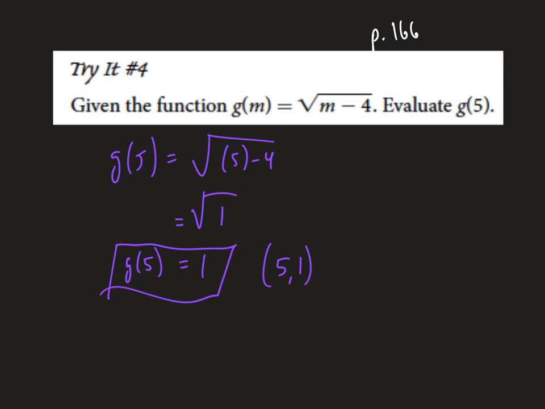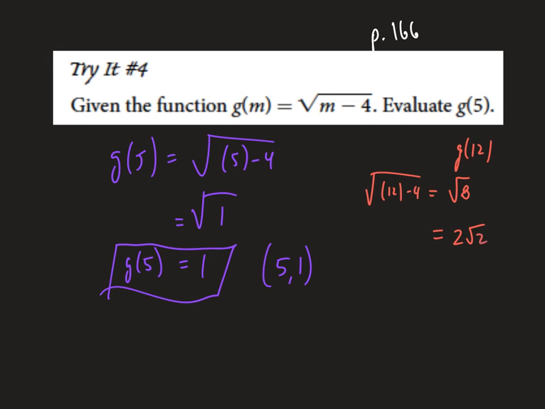And if I was asked to do it again with, I don't know, 7 or 12, whatever, it doesn't matter. So let's say g of 12, right? That'd be the square root of 12 minus 4, which of course is the square root of 8, which doesn't have a nice square root, but if we simplify it, it would be 2 square roots of 2.